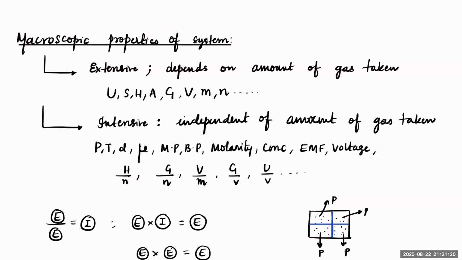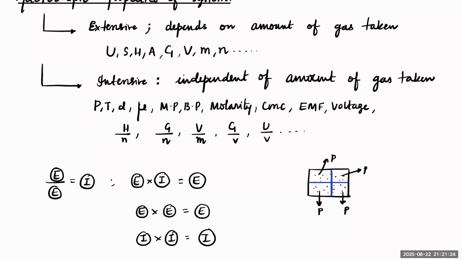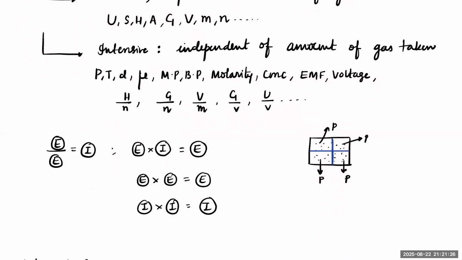And now notice this one. If an extensive property is divided by another extensive property, then this results in an intensive property. So we can say extensive by extensive is intensive, and intensive into extensive will be extensive.